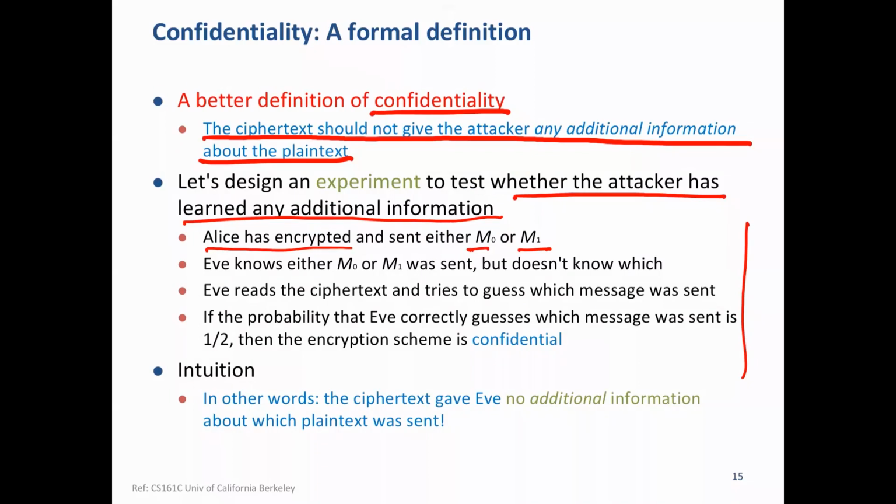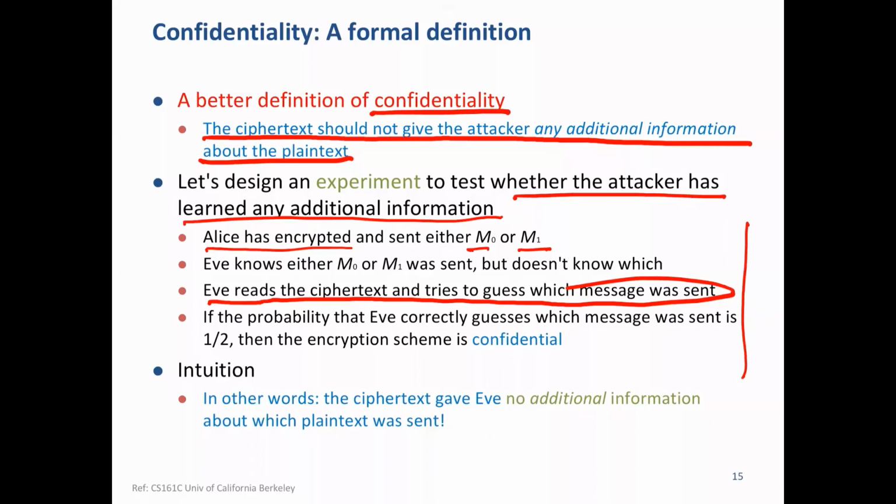Now looking at the message sent back, Eve should not be able to find out whether M0 or M1 was encrypted. So Eve reads the ciphertext and tries to guess which message was sent. Eve sends M0 and M1, and Alice encrypts either one and sends it back to Eve, but Eve is not able to guess correctly which was sent.